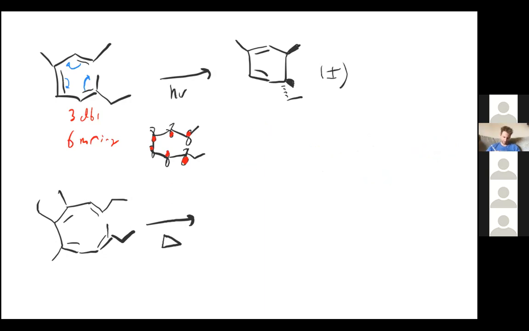All right, so we've got 4 double bonds, which means we're making an 8-membered ring. We can start by doing that. Looking at our orbitals.